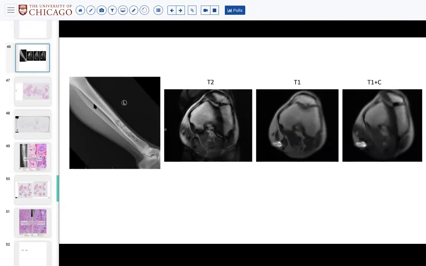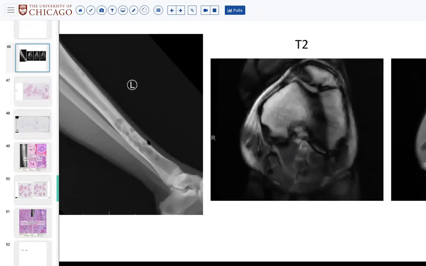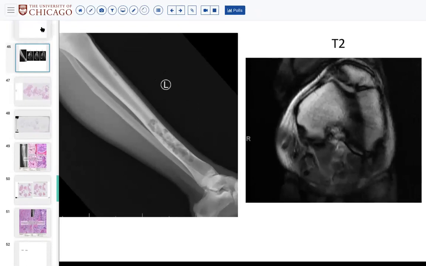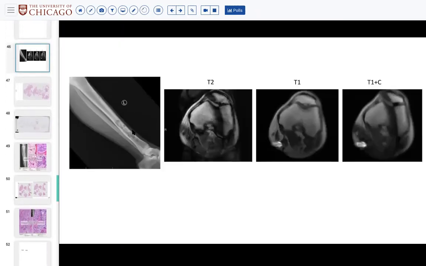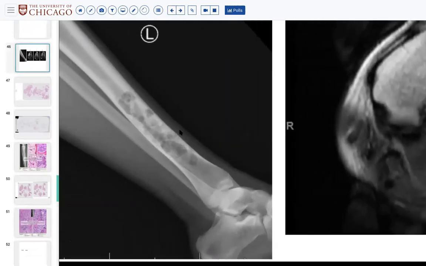All right, so on the left, you see an X-ray of this one, which also has a soap bubble-like appearance. You classically get these lytic lesions that are almost always in the tibia, and they usually have a sclerotic rim around the outside of the lytic lesion that gives it that characteristic classic soap bubble appearance.